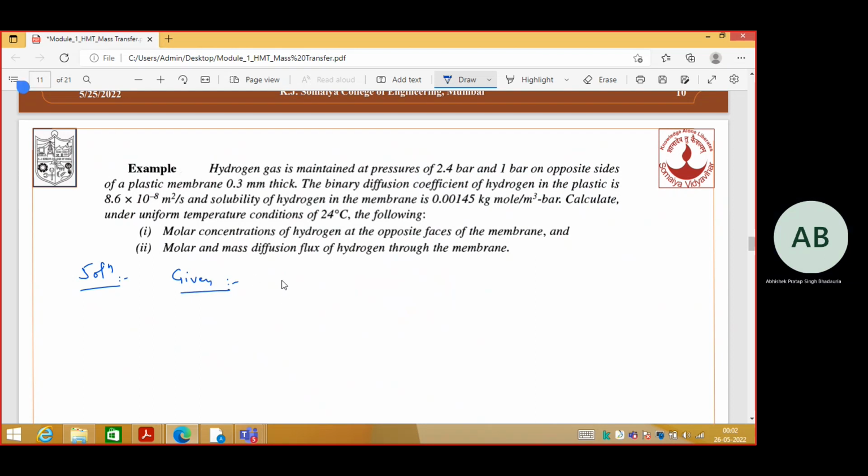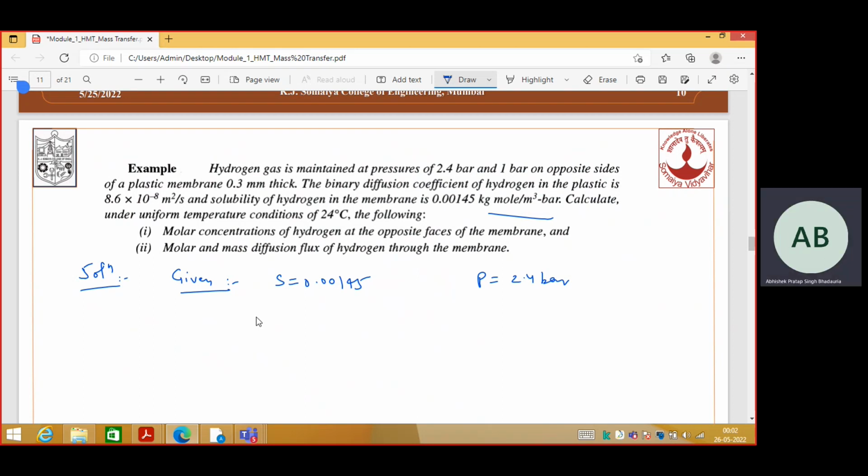The solubility is given, that is 0.00145. The unit is mentioned here, I'm not writing the unit. The pressure is given, that is 2.4 bar.